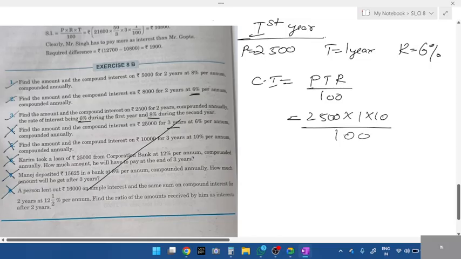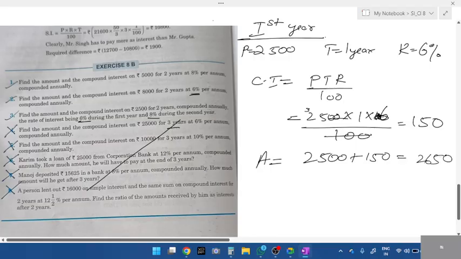What do you get? 2 zeros get cancelled. 6 fives are 30. 6 twos are 12, you get 150. And what is the amount, students? Amount is equal to 2,500 plus 150, 2,650.